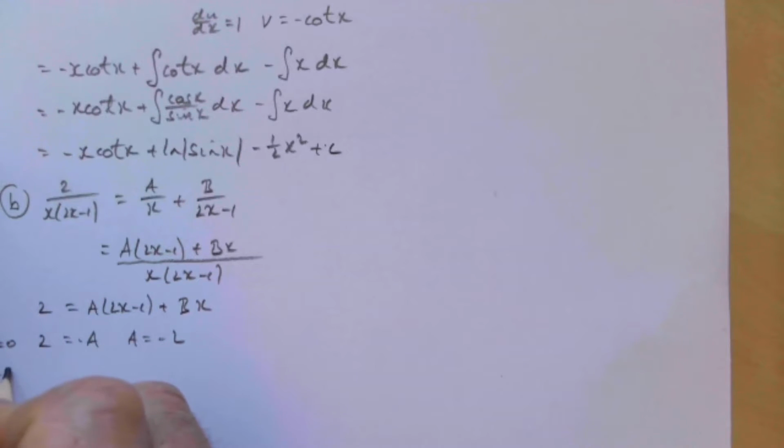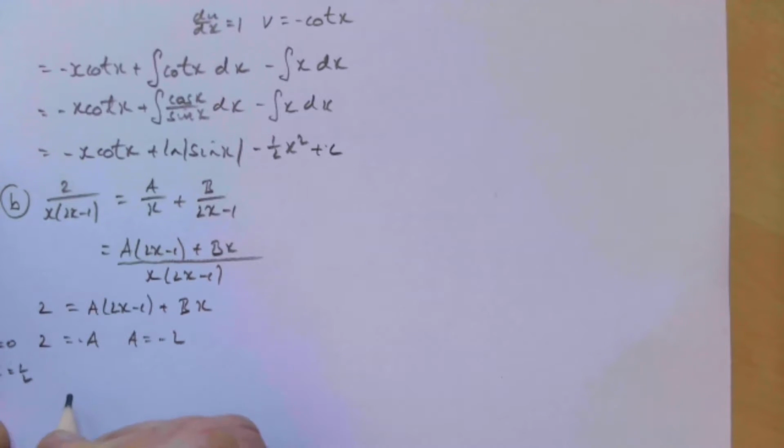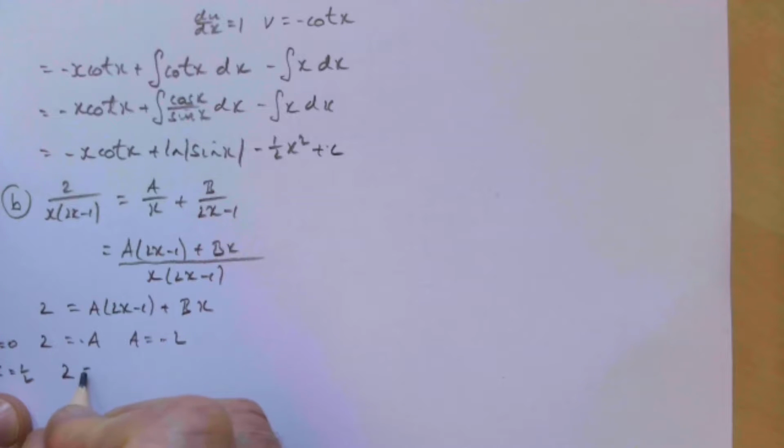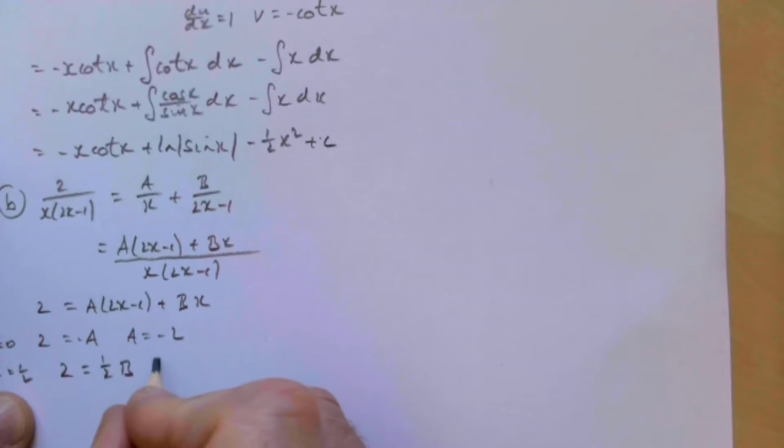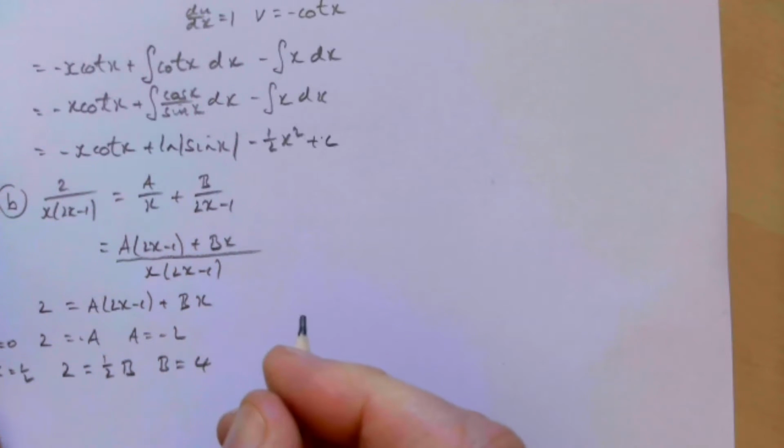If I let x equal to a half, I get 2 equals to a half b. Again, I hope you're okay with that. That makes this bit disappear. So of course it gives me a value of b equals 4.